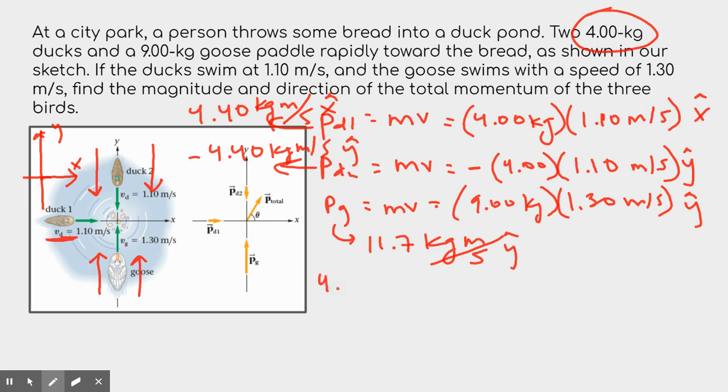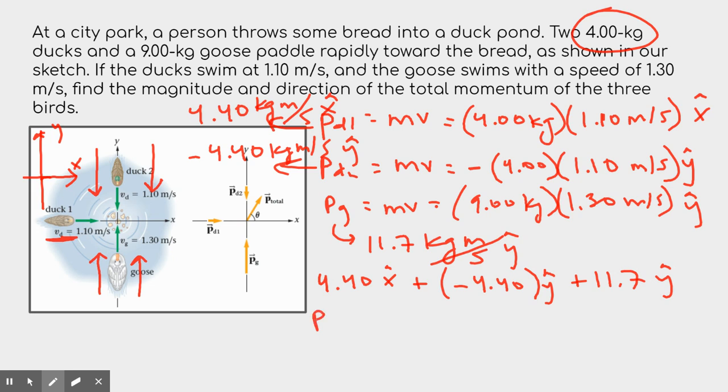We're going to have 4.40, and that's in the x hat direction, plus a negative 4.40, but that's in the y direction. And then we have an 11.7, which is also in the y direction.